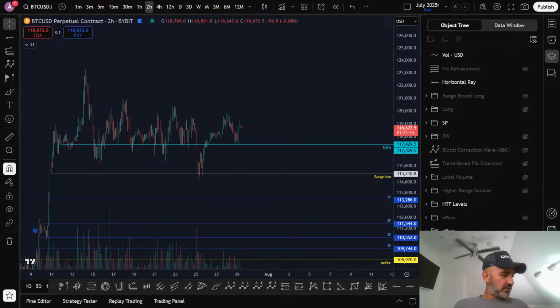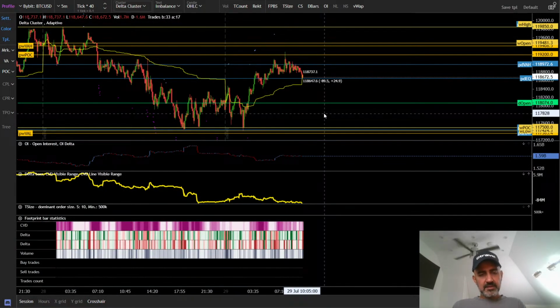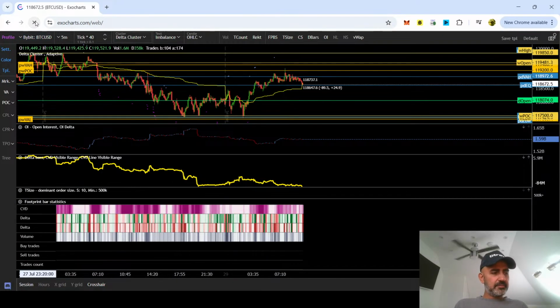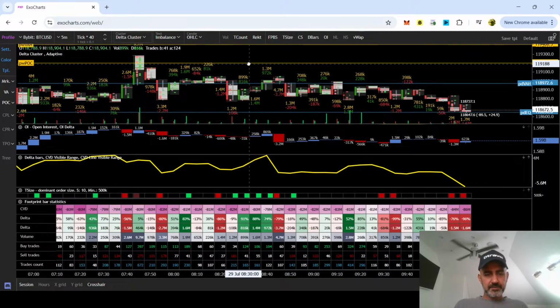Let's just have a look also at the order flow, just to see if there's any new naked points of control. Let's have a look at that.